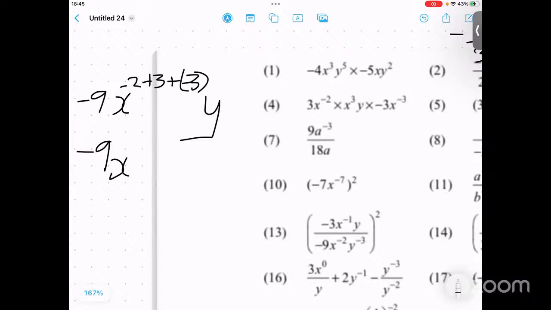Then my answer is going to be -9x to the power of -3y. Wait, to the power of 3y.